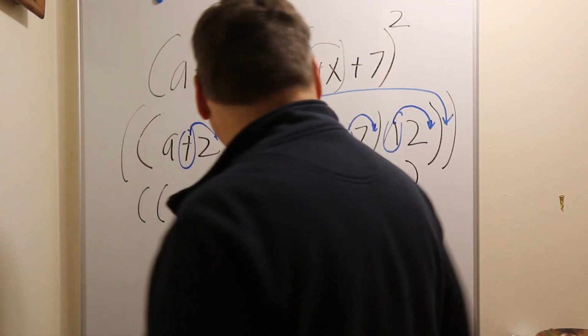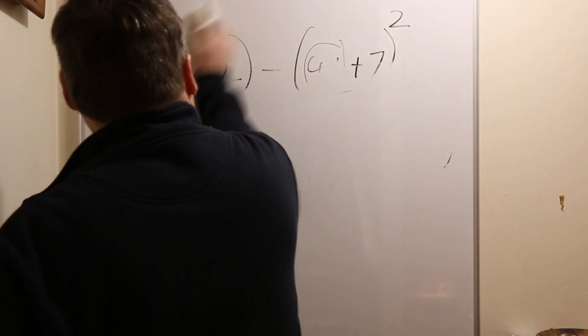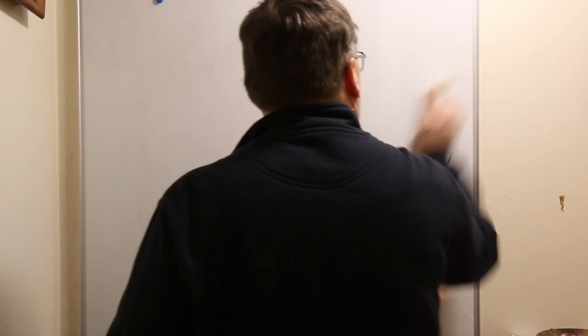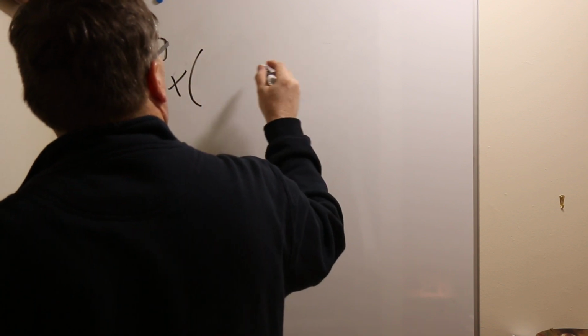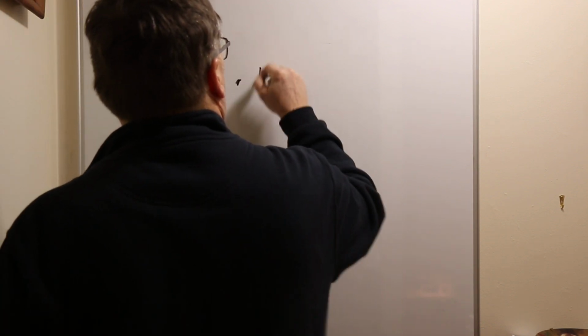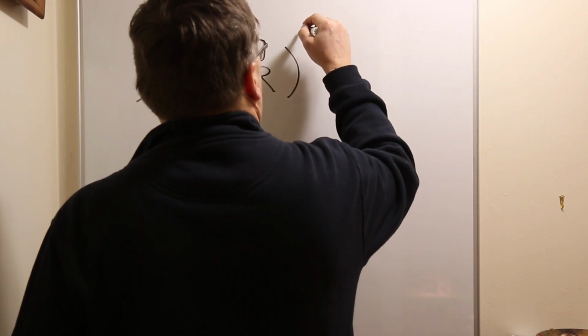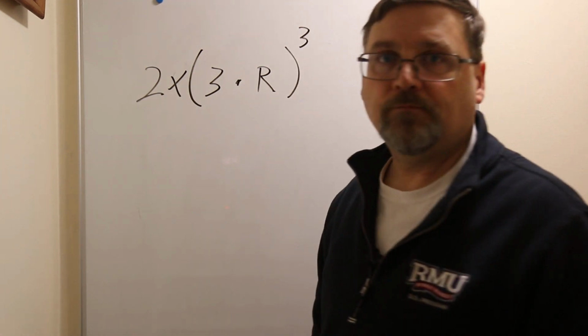Let's try another one. So if we have 2x parentheses 3 times r, and let's raise that to the third power.